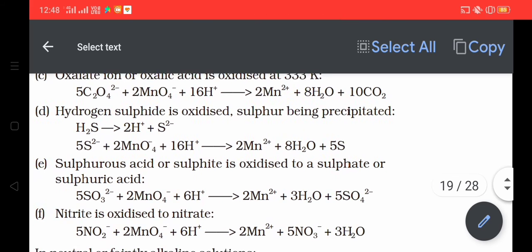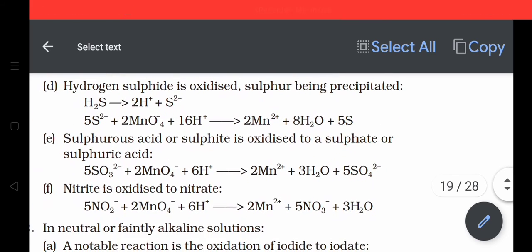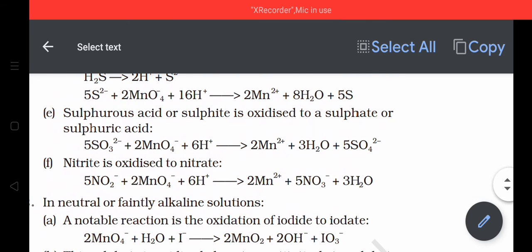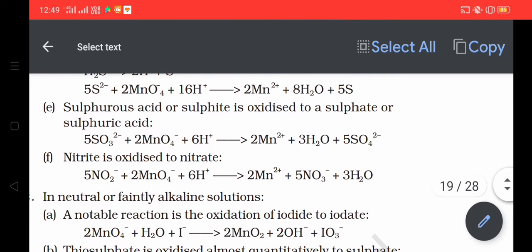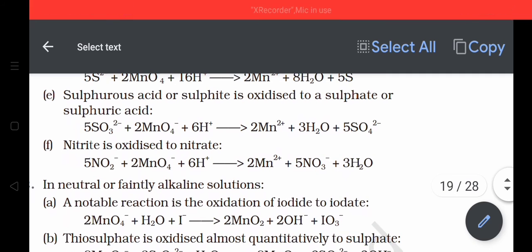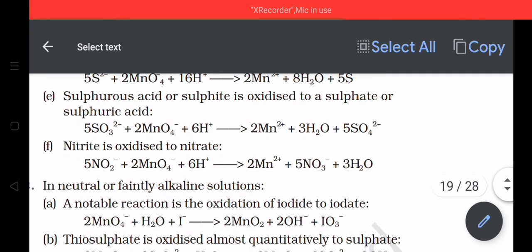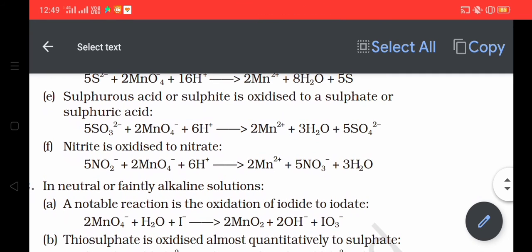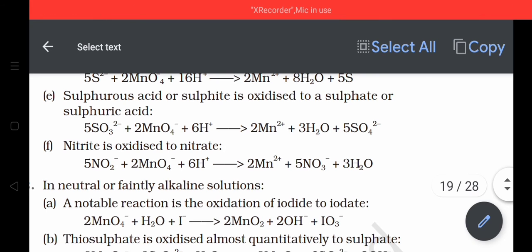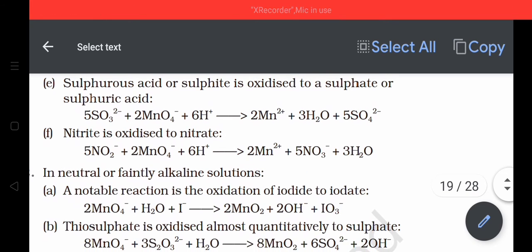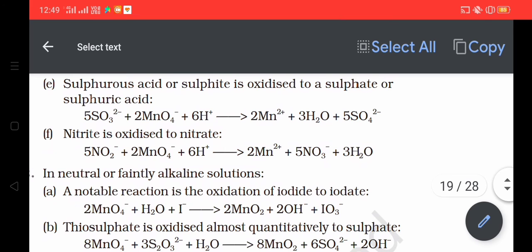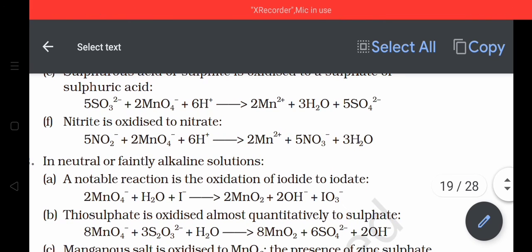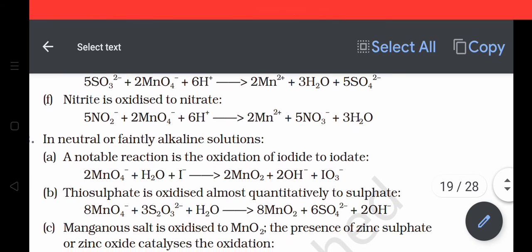MnO4 negative is changed into Mn2 positive, again oxygen is changed into water. Now sulfite ions, that is SO3 2 negative, are converted into sulfate, SO4 2 negative. Again MnO4 negative is changed into Mn2 positive ion, and oxygen is changed into water.